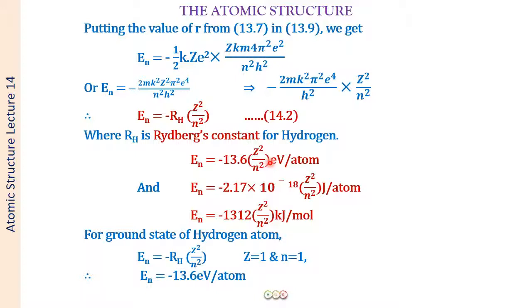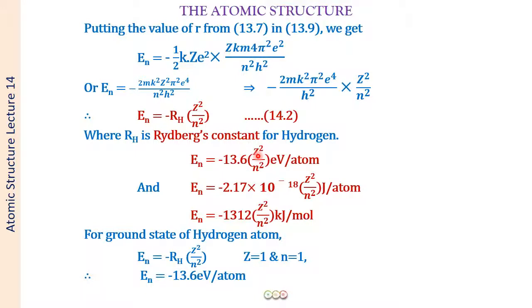No, this is not the case. Why is it not? Because we have a negative sign before the expression, right? So say we have first the Z to be 1. So this is going to be 13.6 multiplied by minus 1, right? And if we take Z to be 2, we are going to have 13.6 multiplied by minus 4, right?